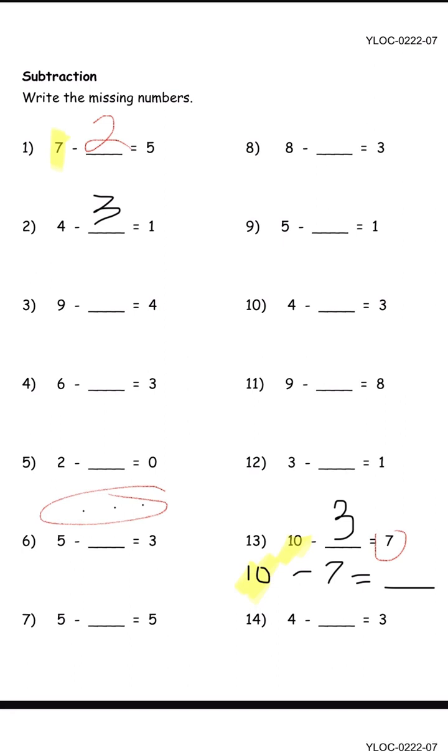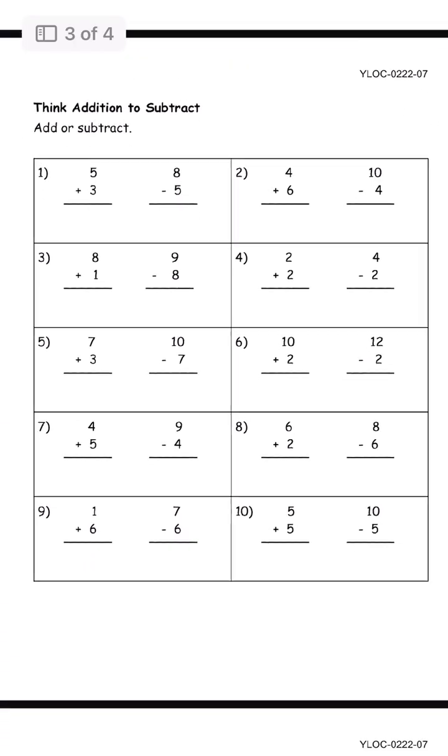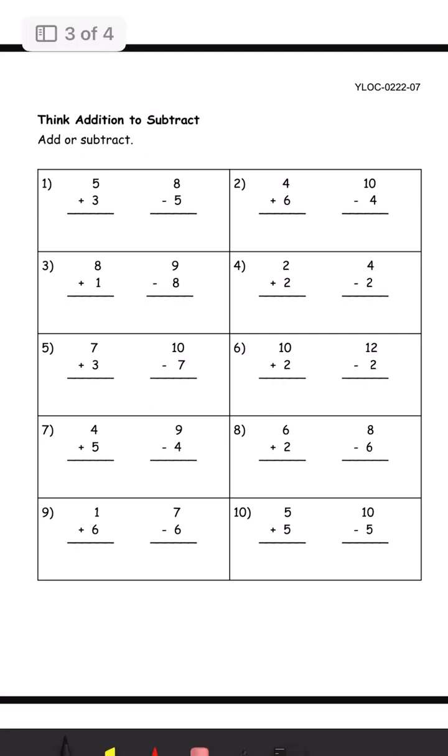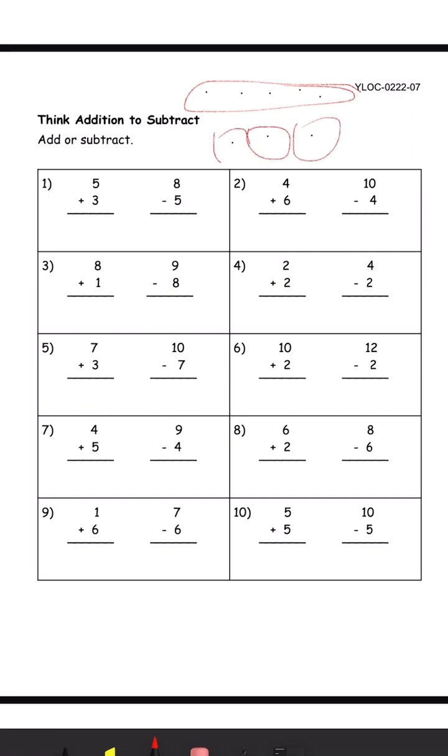Okay. Next, we have think addition to subtract. Add or subtract. So number 1, we have 5 plus 3. 1, 2, 3, 4, 5 plus 1, 2, 3. Here we had 5, 6, 7, 8. 5 plus 3 equals 8, so we put 8. And now we have 8 minus 5, and 8 minus 5 equals 3.